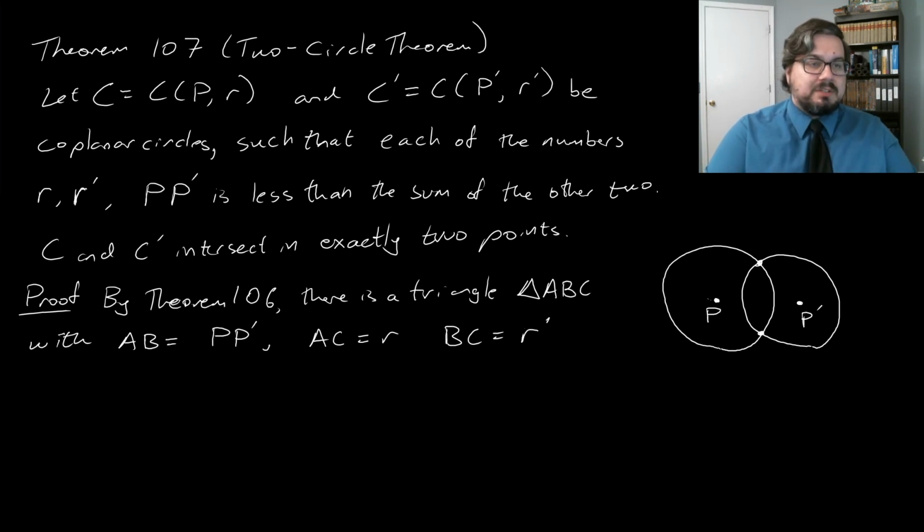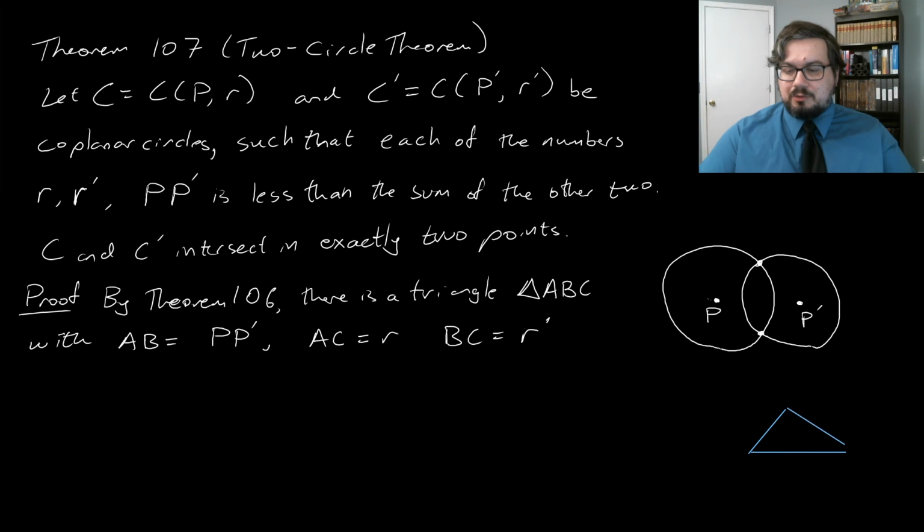Essentially what we're going to do is copy this triangle. We know it exists somewhere down here. There's some triangle down here that does what we say. And what we're going to do is draw a congruent copy of it over here onto these two triangles and use that to show that the other vertex of the triangle has to lie on both circles.